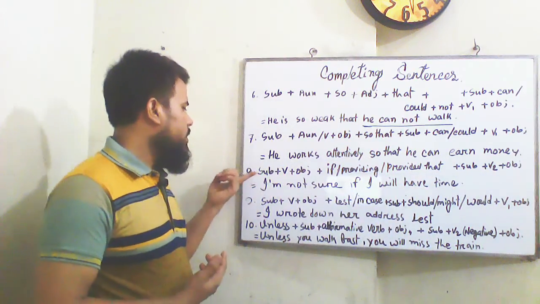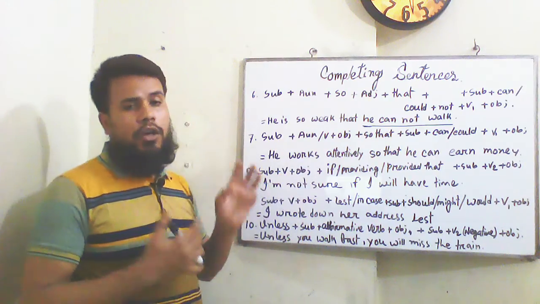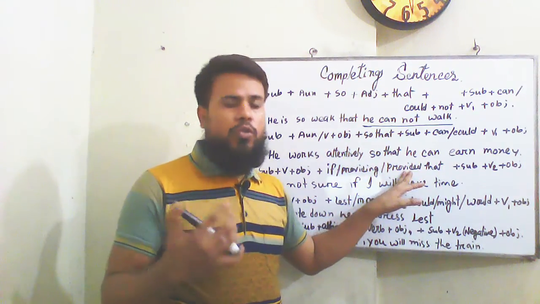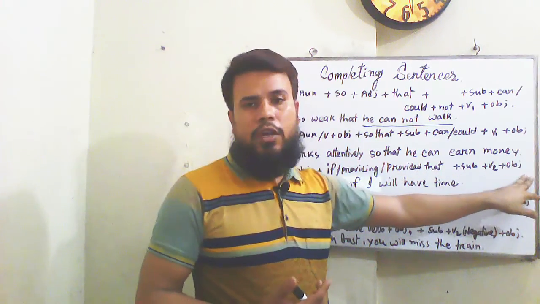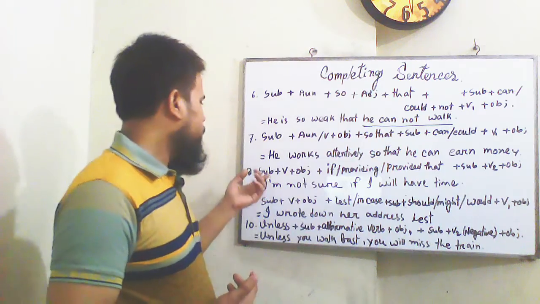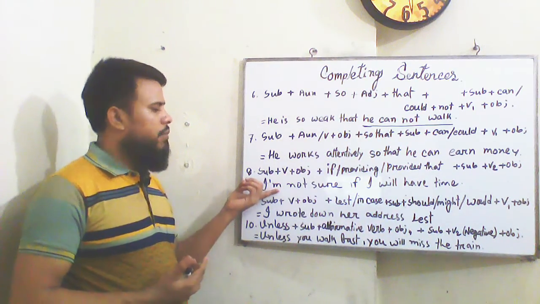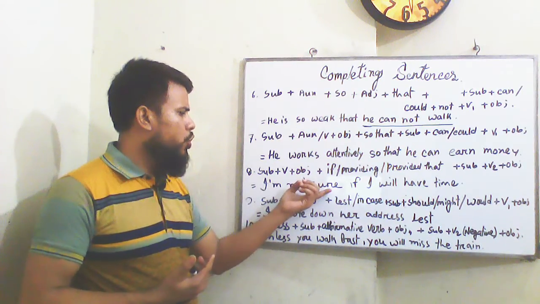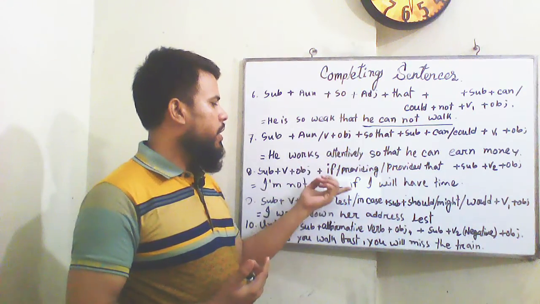And the next one is subject, verb 1, object. If, provided that, and whether, you may use here or you may find here, and then subject, then verb 1, then object. For I for subject and auxiliary, I have used here. You may use main verb here, and then "not sure" for object, and "if" from here.